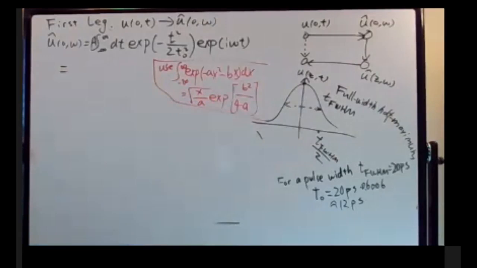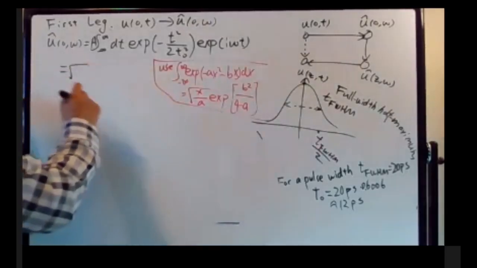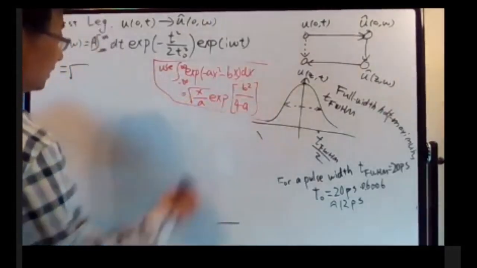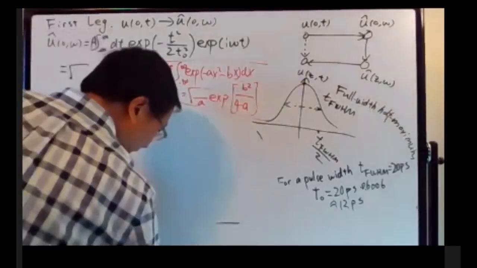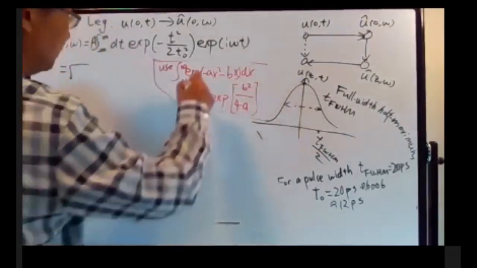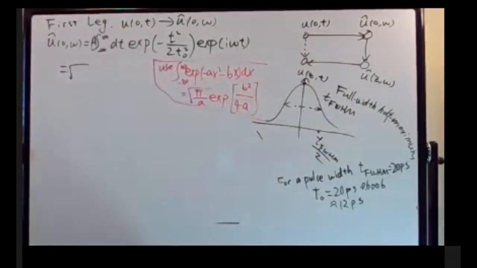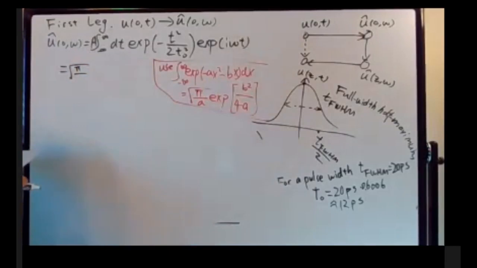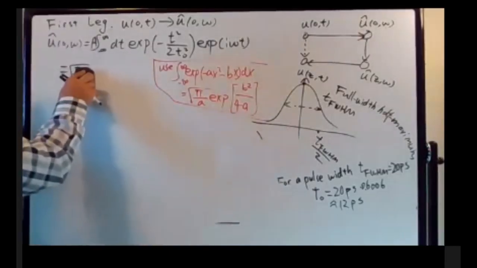What we have is the square root, and then we get exponential. Square root of, no, sorry, this is not x, this is pi. So this will be pi. How much is the A? A is 2 t naught squared.